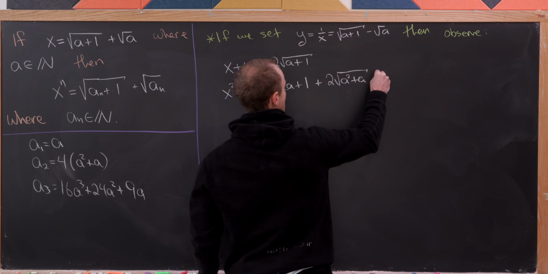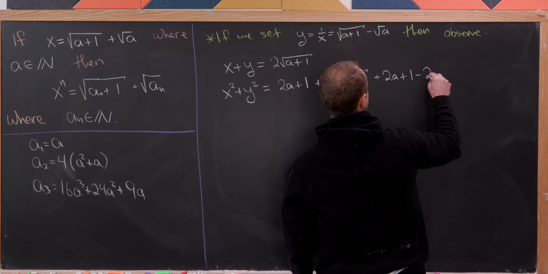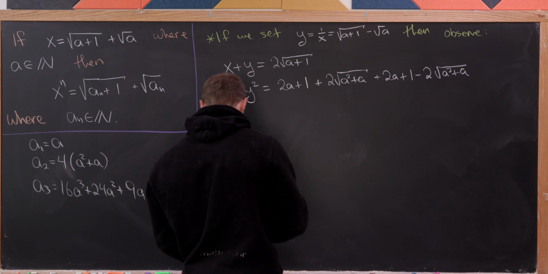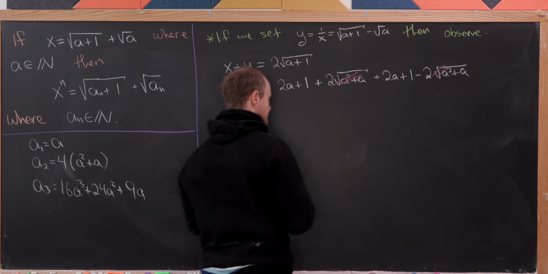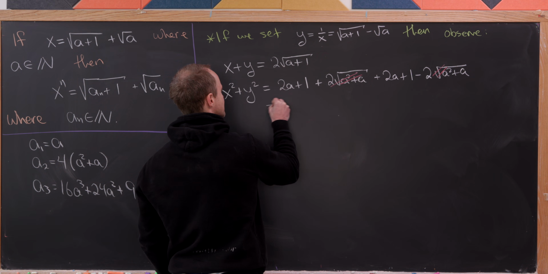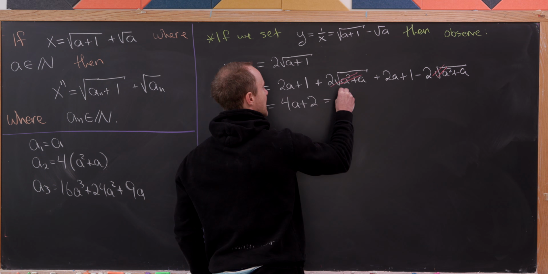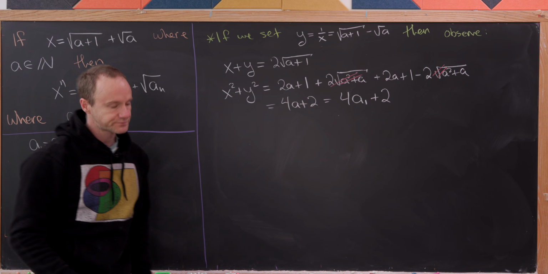And then y squared is going to be 2a plus 1 minus 2 times the square root of a squared plus a. But observe that we get some obvious cancellation here in the so-called cross terms. And we'll see that this is equal to 4 times a plus 2. In other words, it's 4 times a sub 1 plus 2.